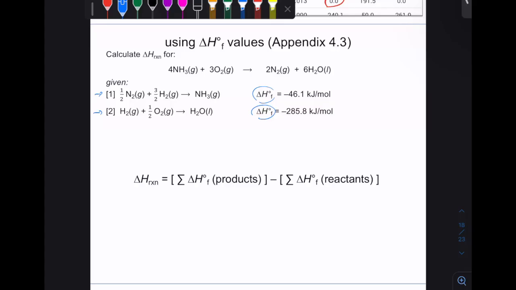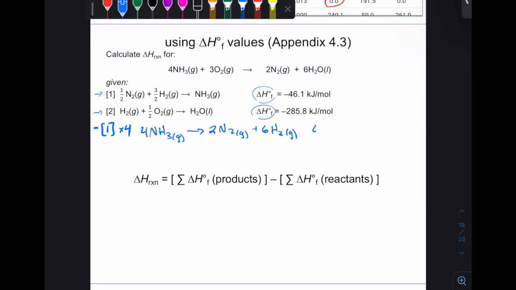All right, so let's do that. We're going to take number 1, run it in reverse, and multiply it by 4. That's going to give us 4 NH3 gas goes to 2 N2 gas plus, let's see, 6, right? Because 4 times 3 is 12 divided by 2 is 6 H2 gas.